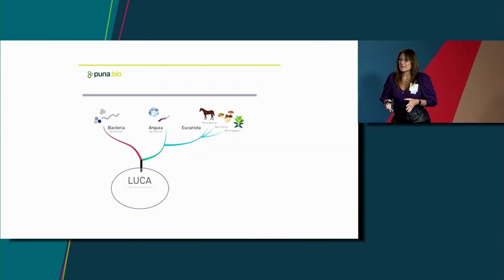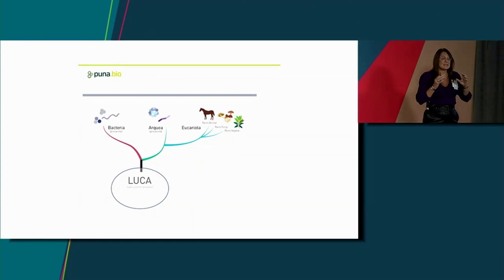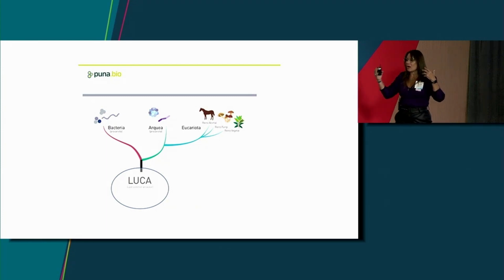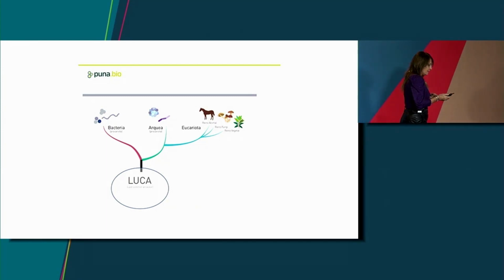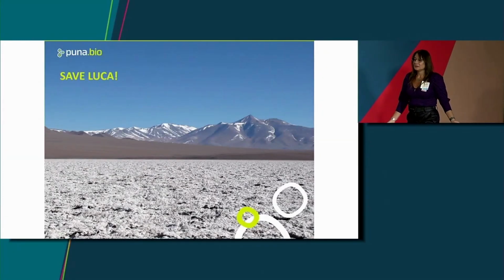We found a system that is supposed to be in this original cell that gave life to the other forms of life as archaea, bacteria, eukaryota, etc. So we had to save LUCA.